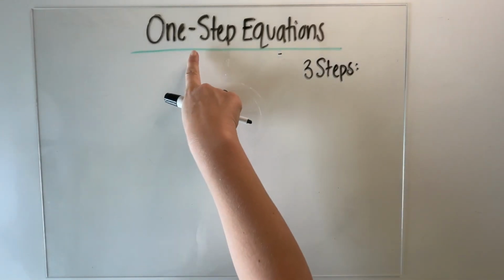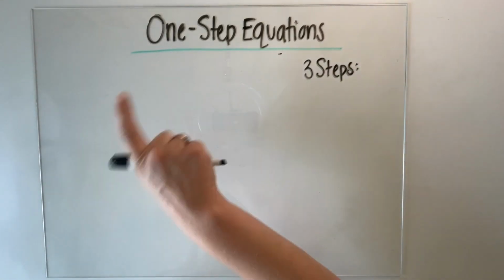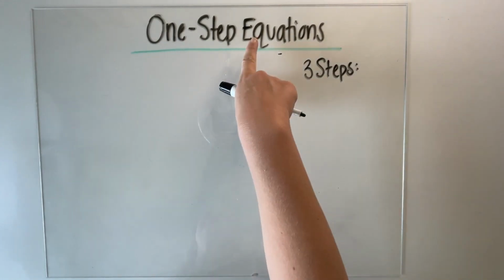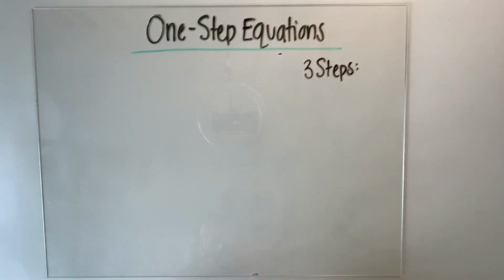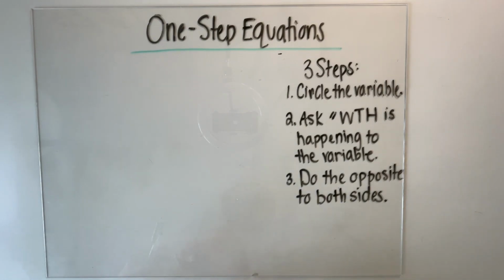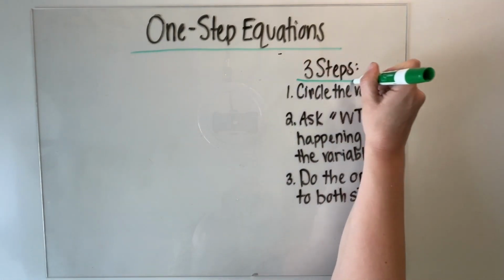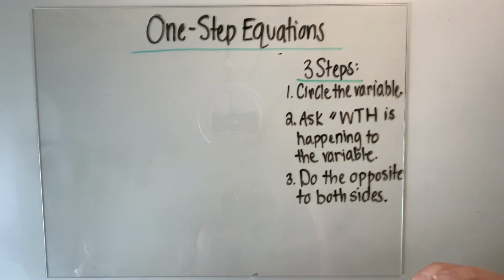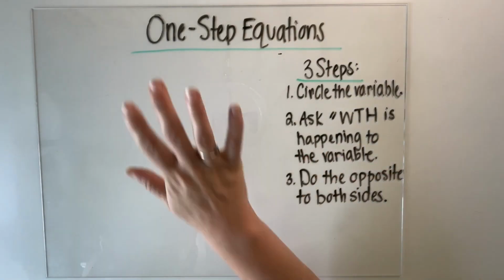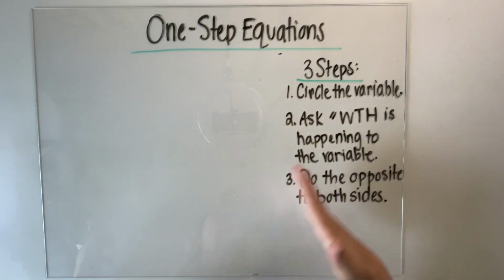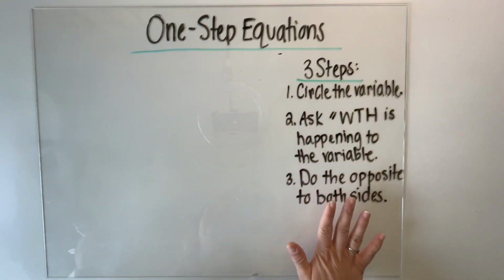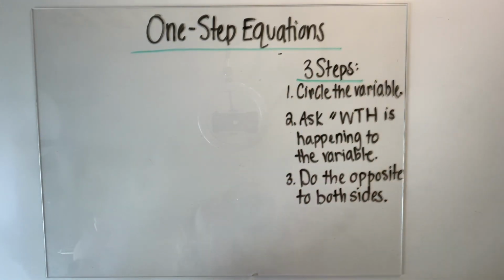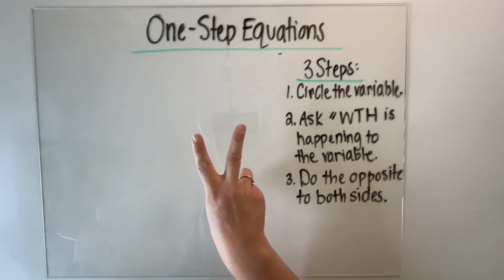What one step refers to is actually that you have to do one thing to the equation to solve for the variable. It's very important that you get in the habit of following these 3 steps when doing one-step equations because it's the same steps you're going to need for 2-step equations. So the more you practice these steps, the better you will be at the 7th grade standard of 2-step equations.